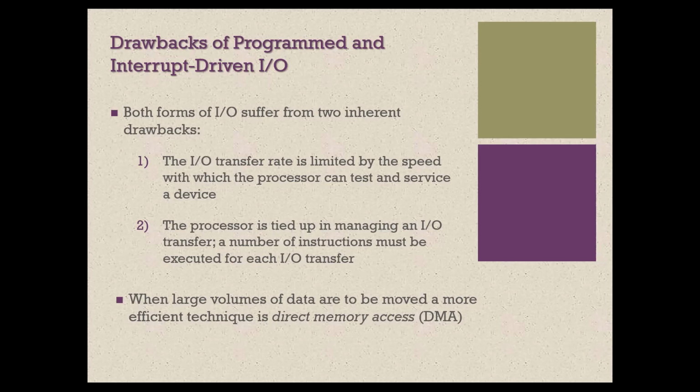Nevertheless, both methods have an adverse impact on both the processor activity and the I/O transfer rate. So when large volumes of data are to be moved, a more efficient technique is employed, which is direct memory access, DMA. Now let's look at how the DMA works.